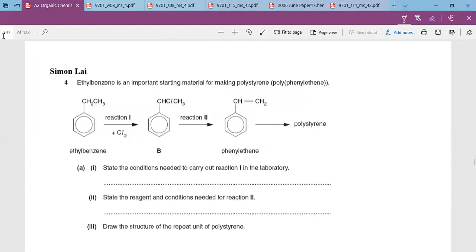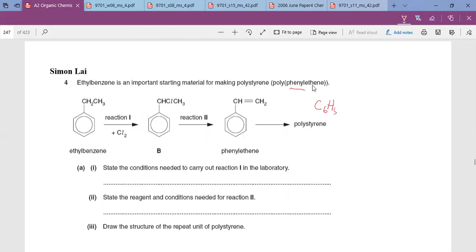Okay, now here. Question 4. Ethyl benzene is a popular starting material and so forth, in the making of polystyrene or polyphenylethene. Why is it called polyphenylethene? Very simple. Phenyl means there are 6 carbons. So there's 1 substituent here, so C6H5.